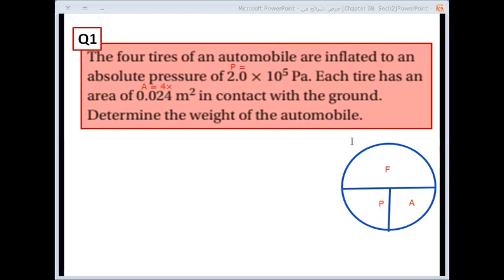Do you remember what's the weight? The weight is the force of gravity. So the weight is a force.